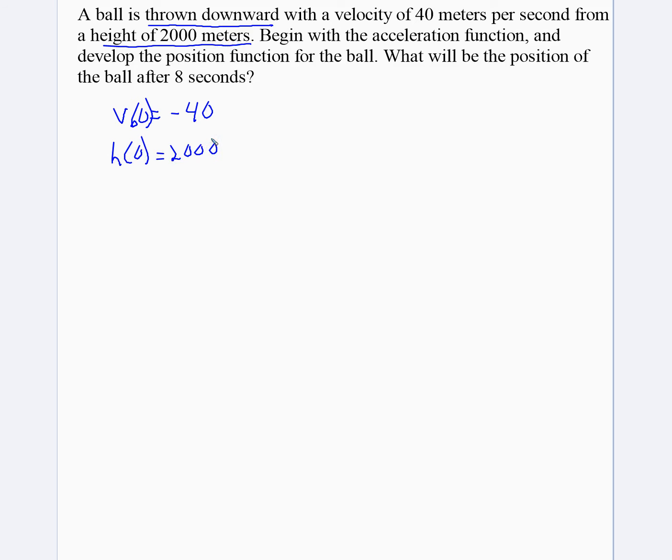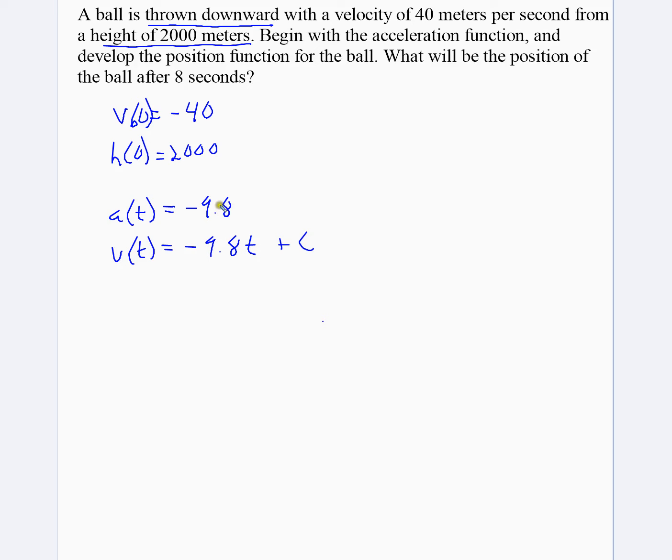Begin with the acceleration function. So acceleration is negative 9.8 meters per second squared. We want to get the position function for the ball. What will be the position of the ball after 8 seconds? So we're going to integrate to find the velocity function, and that's negative 9.8 t plus c.